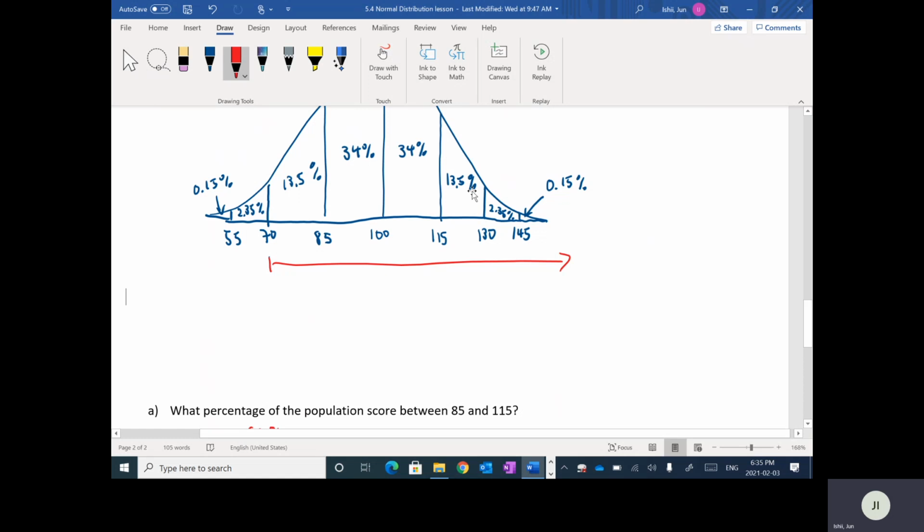We could add up all of these together. We could also take the 100% and subtract this section, and go from there. Actually, you know what? I think I like that one.